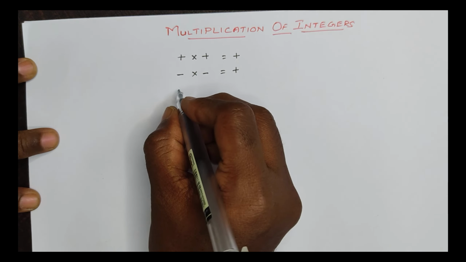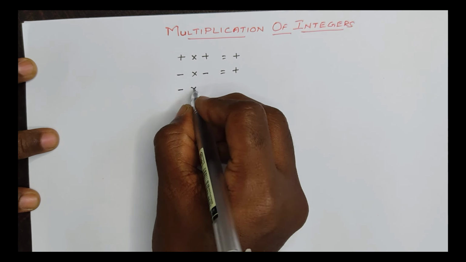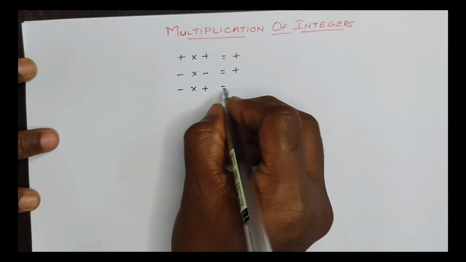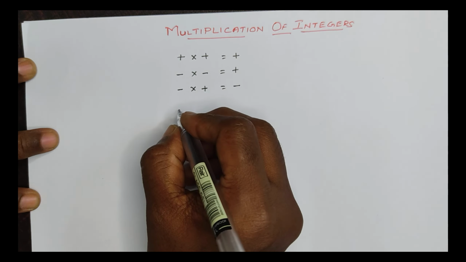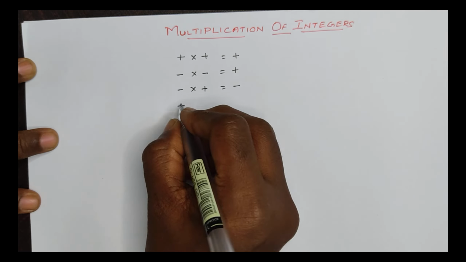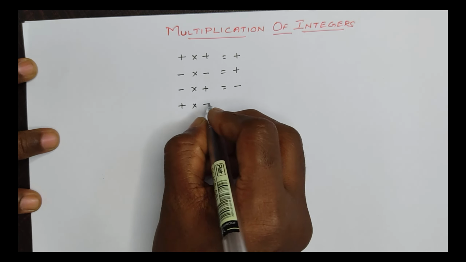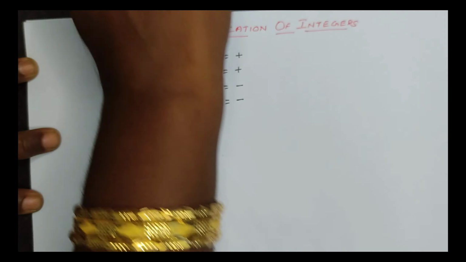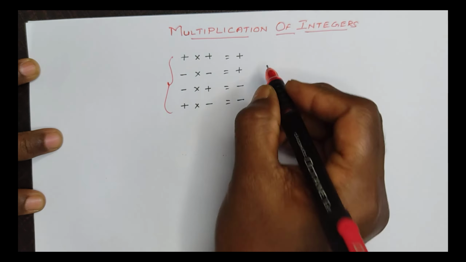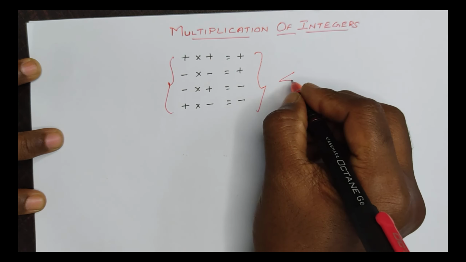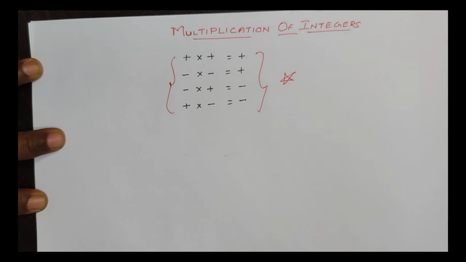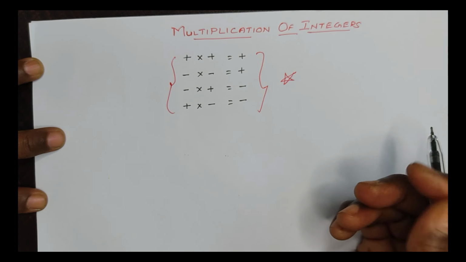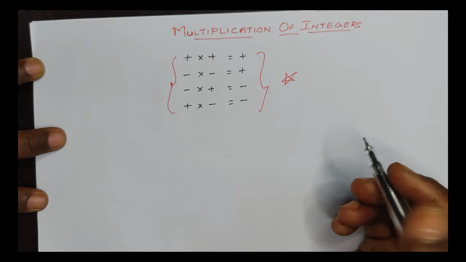At the same time, when you multiply a negative and a positive integer, the result will be negative. Or if you multiply a positive and a negative integer, that also gives you a negative result. So this is the important trick that you have to remember. Keep this in mind, and whenever you apply multiplication, you can use this.